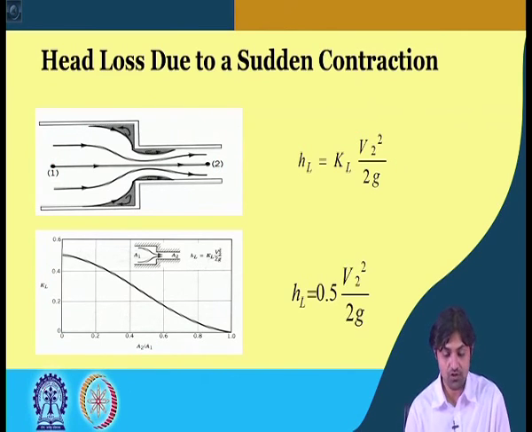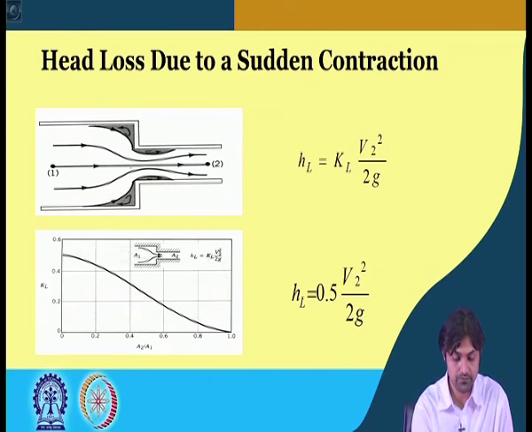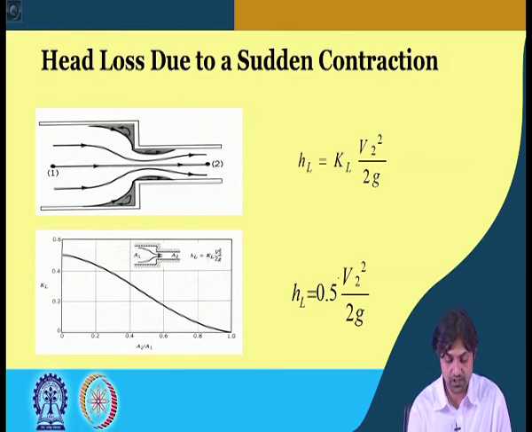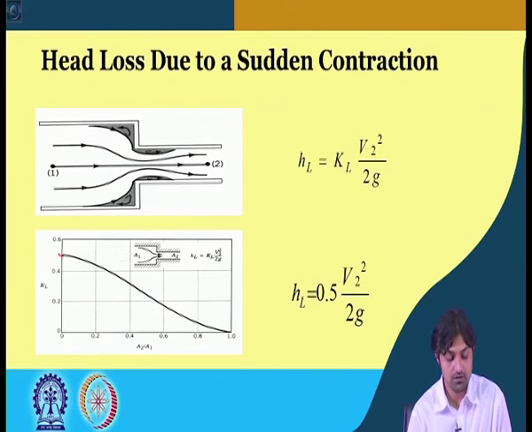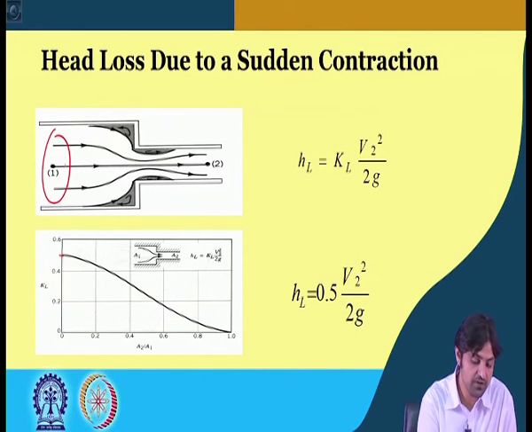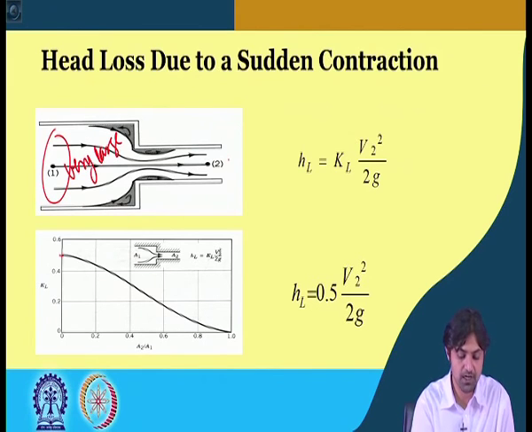So, in case of sudden contraction, you can assume safely KL as 0.5. This means A2 was 0. Basically, A2 is not 0, but A1 is so large, like a reservoir, compared to this area.